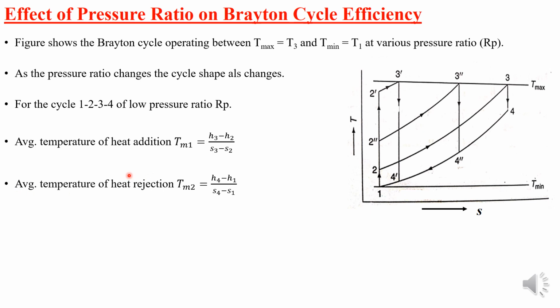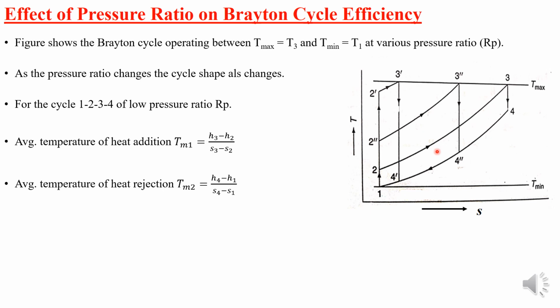At a lower pressure ratio, the mean temperature of heat addition is less, whereas as you increase the pressure ratio, the average temperature of heat addition increases.